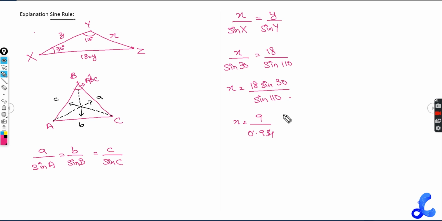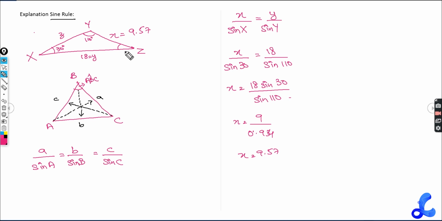So 9 divided by 0.94 gives you 9.57. X equals 9.57. There is no hypotenuse, no adjacent, no opposite over here. Rather, there are opposite sides, small a, small b, small c, so you have to keep that in mind. So the side x is 9.57. And it makes sense because 18 is the longest side, and 9.57 is a bit shorter than that.